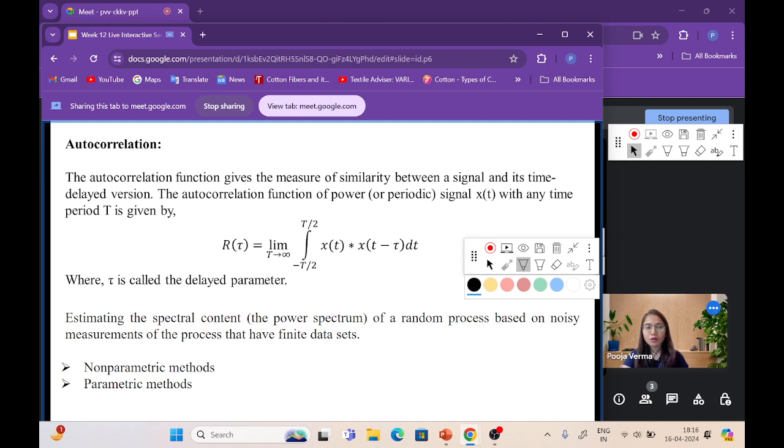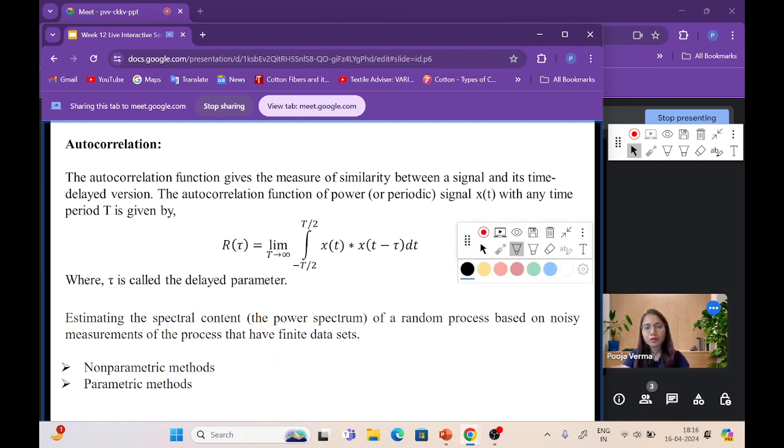Now next is autocorrelation. What is it? The autocorrelation function gives the measure of similarity between the signal and its time-delayed or shifted version of itself.